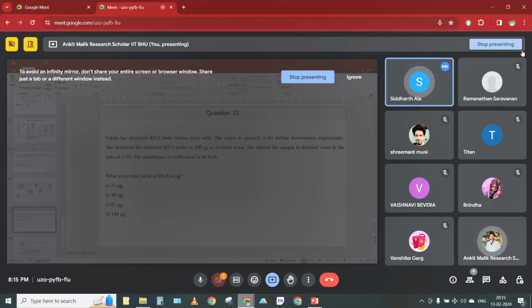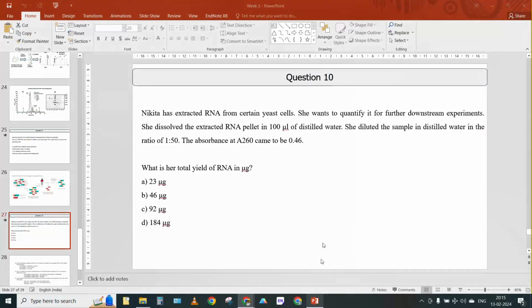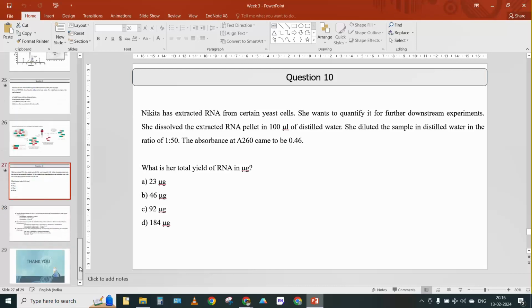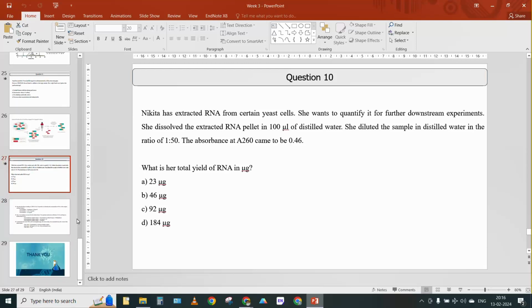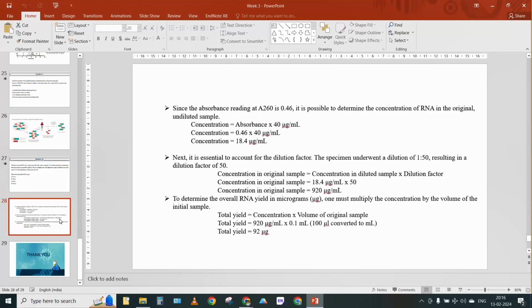So 92 microgram. Okay. And how 92 microgram? So there'll be one formula mostly: A260 into 40 microliters into 100 is equal to the ratio. Exactly. So is my screen visible?